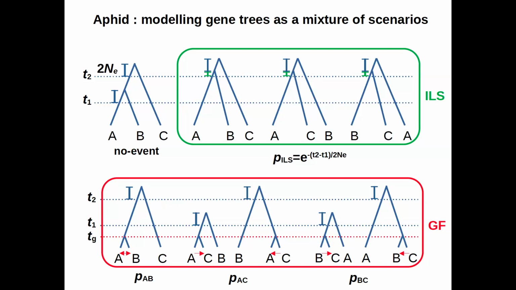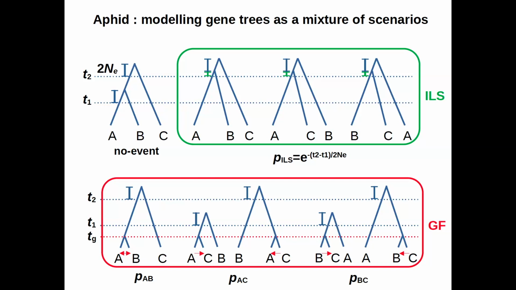So the model parameters include the effective population size, NE, the speciation times, T1 and T2, and the gene flow time, all measured in units of mutation, which is what we can observe, and also parameters specifying the proportions of the mixture, the probability for a given locus to have experienced gene flow, so PAB, PAC, and PBC.